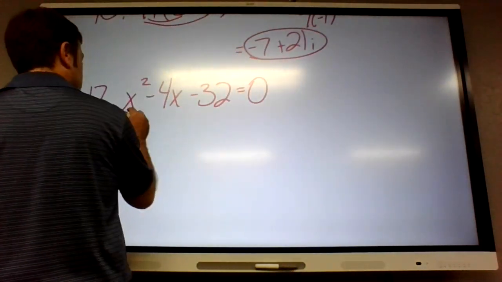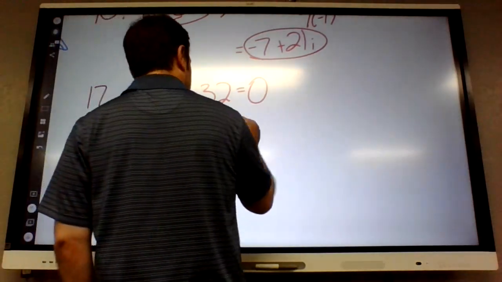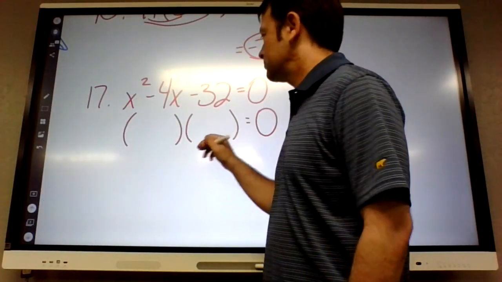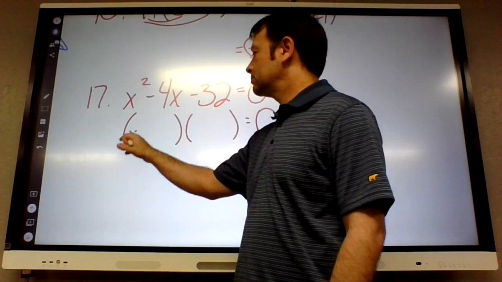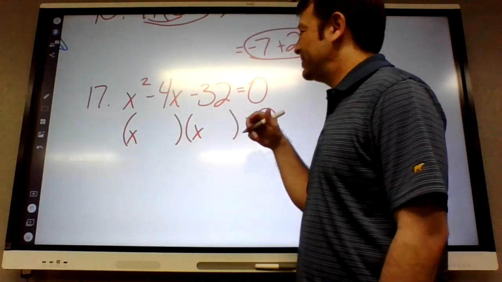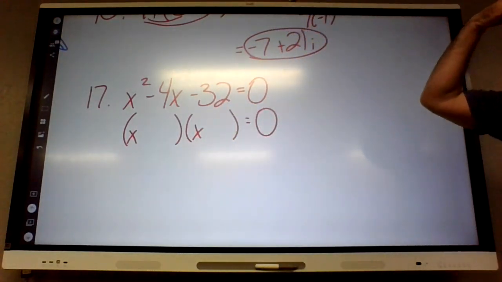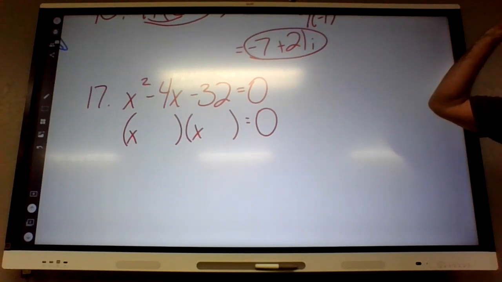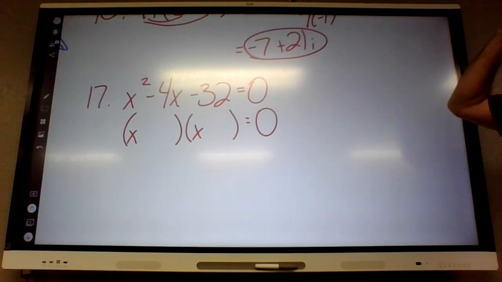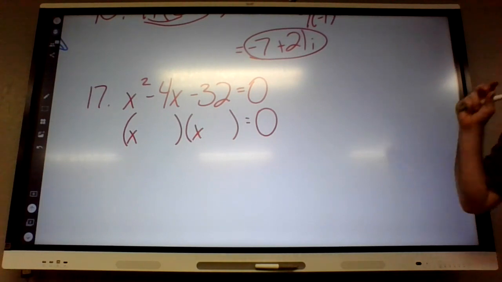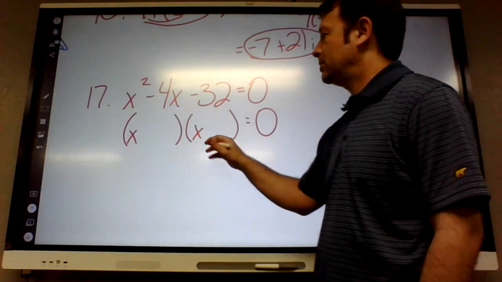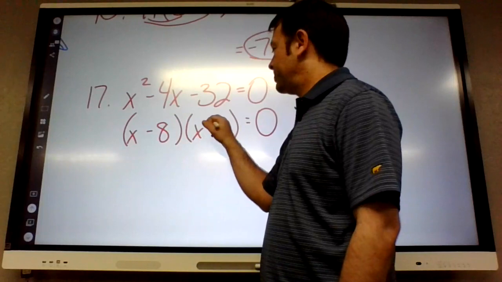All right. Well, you know how this is going to factor. What multiplies into 32, 8 and 4, and how do you get them to add up to negative 4? Negative 8 plus 4. Negative 8, positive 4.